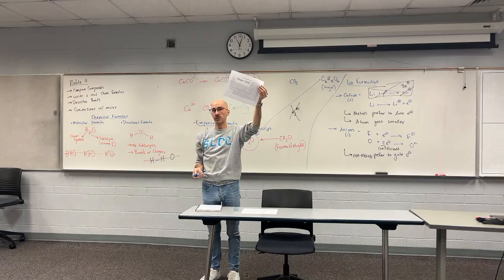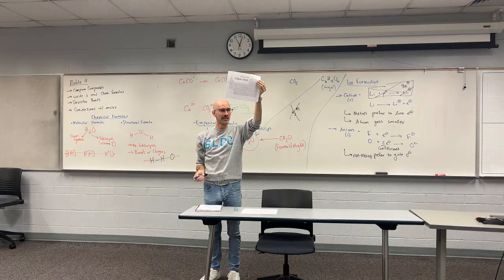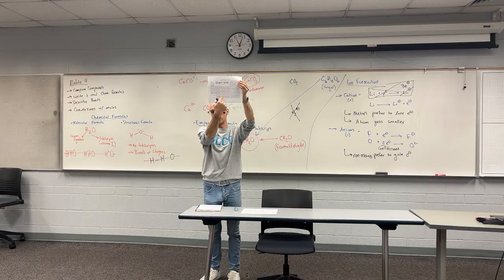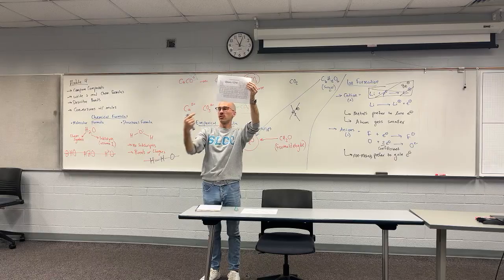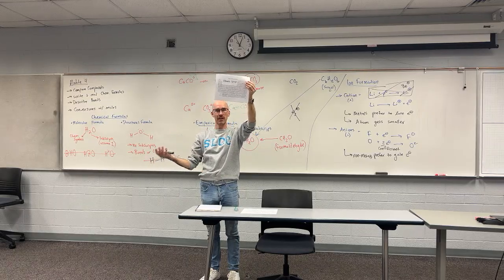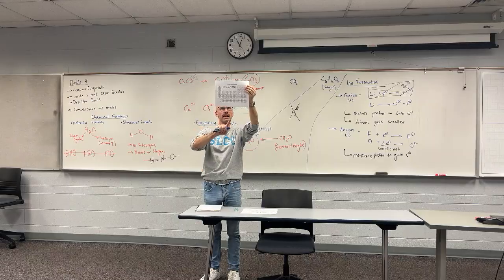You won't have to name the metalloids, but I do want you to be aware of that metalloid staircase. There are P block elements that are metals. They're just not transition metals because they're not in this rectangle. So we say that metallic character and non-metallic character go opposite ways.